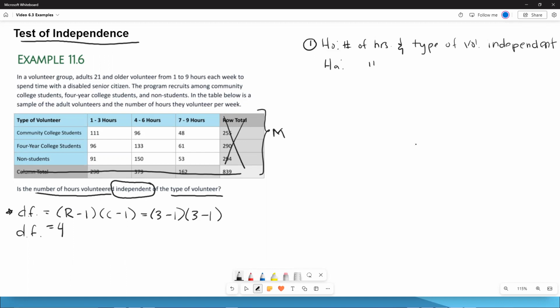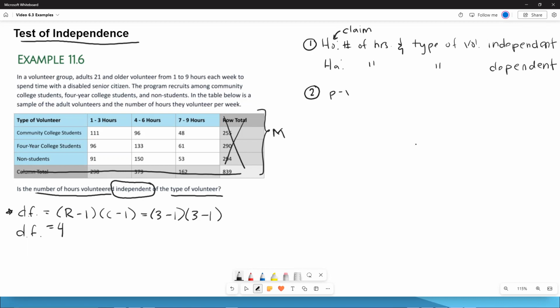And then the alternative is that they are dependent, that there is a relationship. In this case, it says, is the number of hours of volunteers independent of the type of volunteer? So they're telling me that my null is the claim that we are testing. So that's going to affect how we phrase our conclusion in step 4.